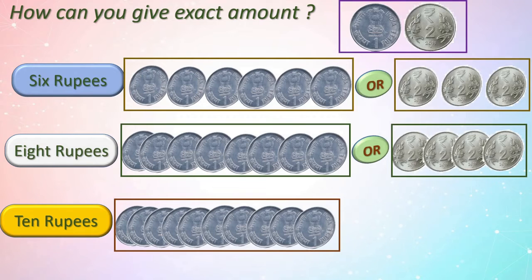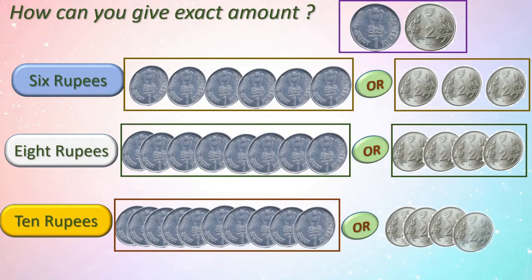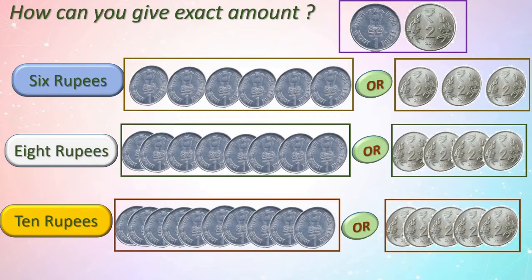Or by using 2 rupee coins, that is 1, 2, 3, 4 and 5. Right? These 5 coins of 2 rupees together make 10 rupees. Right, children? I hope you know this, but confirm this. Okay?